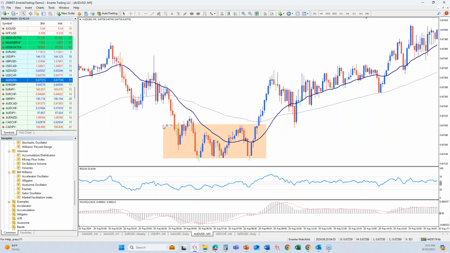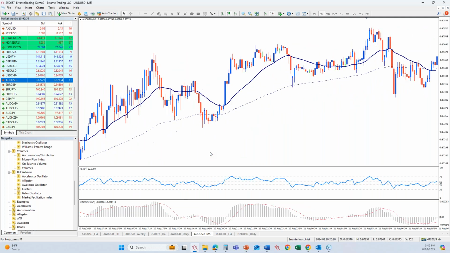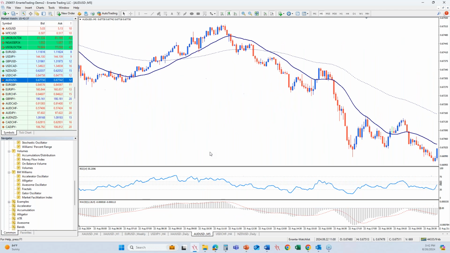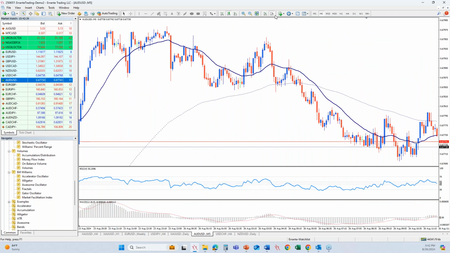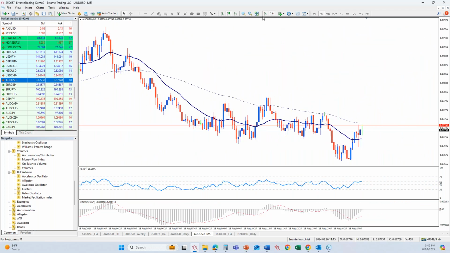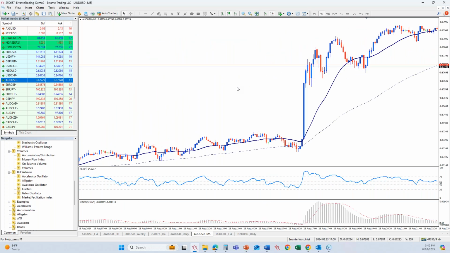Okay, so it is not a very textbook-fashion example. However, we can name it as a triple bottom here. But let's see if we can find a good example of a triple top pattern in the current market right now.